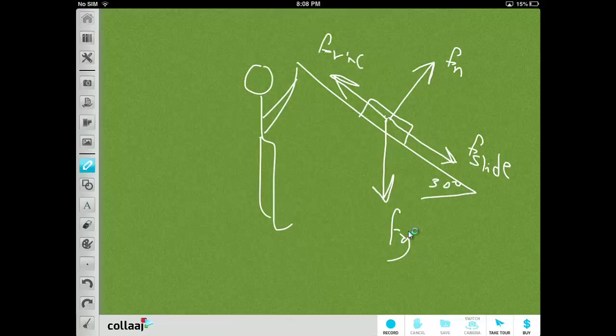In this case, I don't have an obvious X and Y, so I need to make my own X and Y. How to make the easiest X and Y? As you can see, the Fn and the sliding force and the friction force are perpendicular already. So you can just extend the Y, which is coming from the Fn. You can just extend this line.